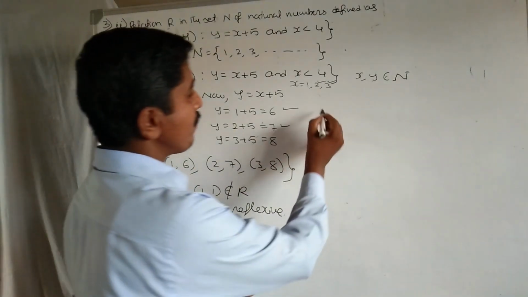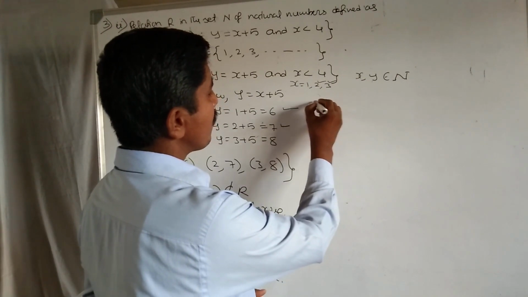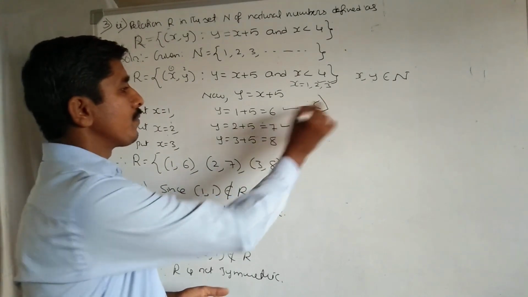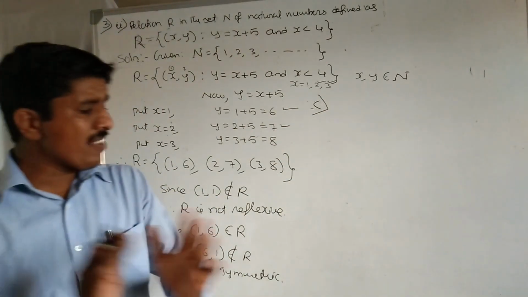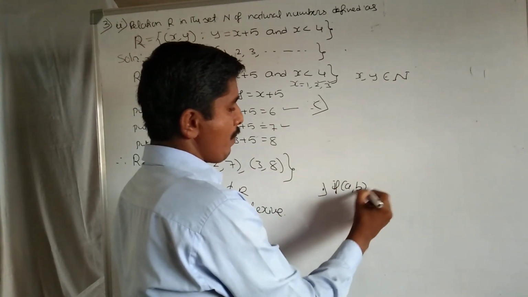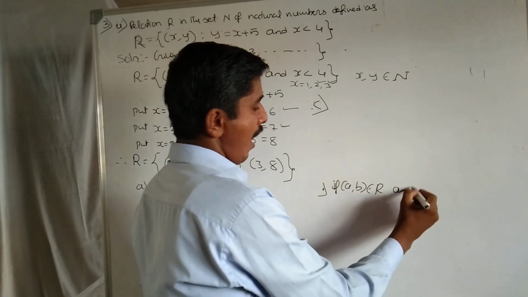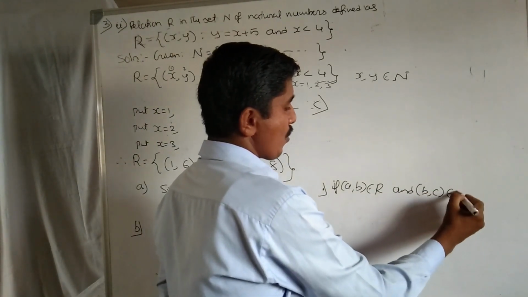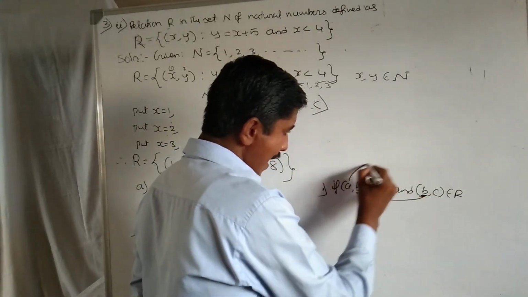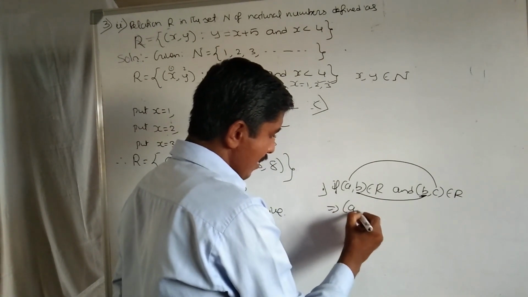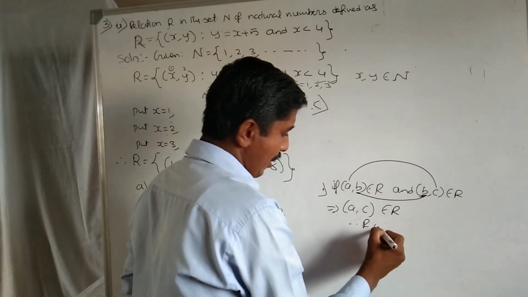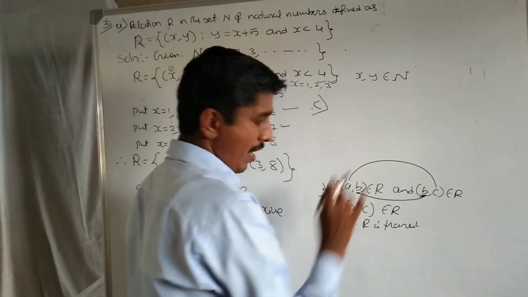Next, transitive, the third one. Transitive means, first the definition: if (a, b) belongs to R and (b, c) belongs to R, where your second element equals your first element, then (a, c) belongs to the relation, and R is transitive.